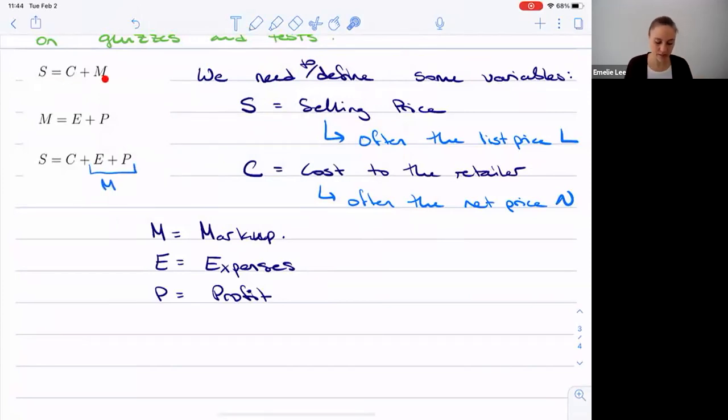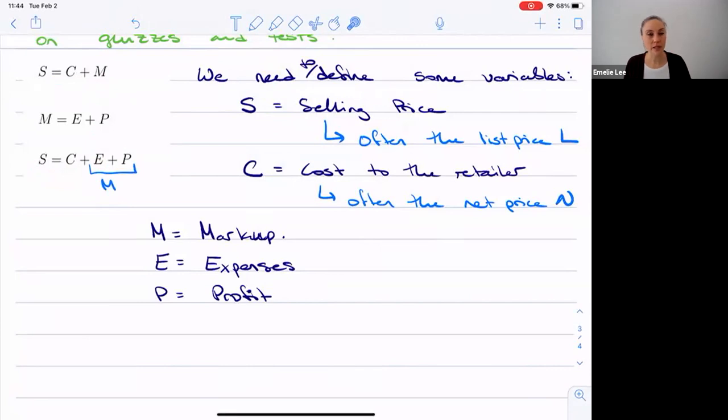Here I'm just replacing M with E plus P, right? And then I've got this expanded version, so the selling price has to be the cost of acquiring this thing, my expenses for each item, and then my profit, right? Which you could simplify as M.